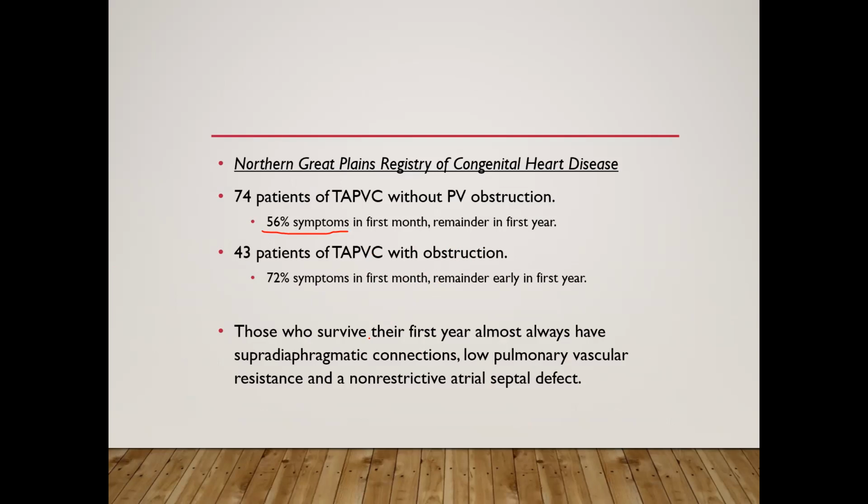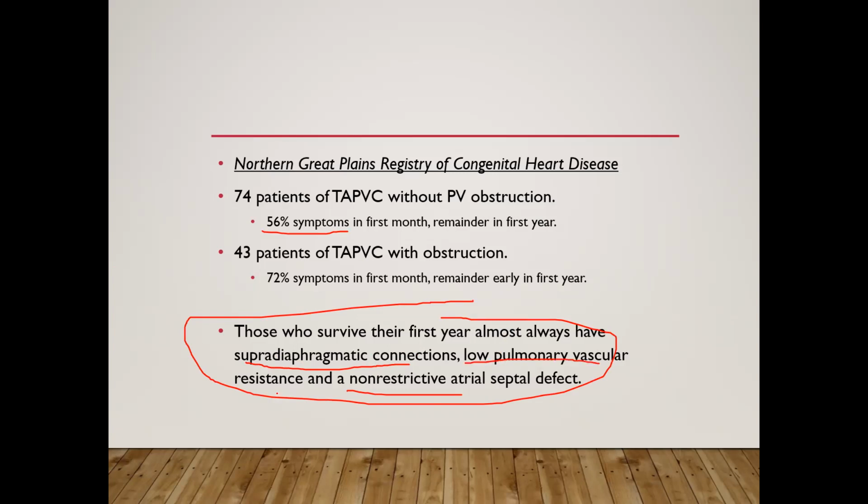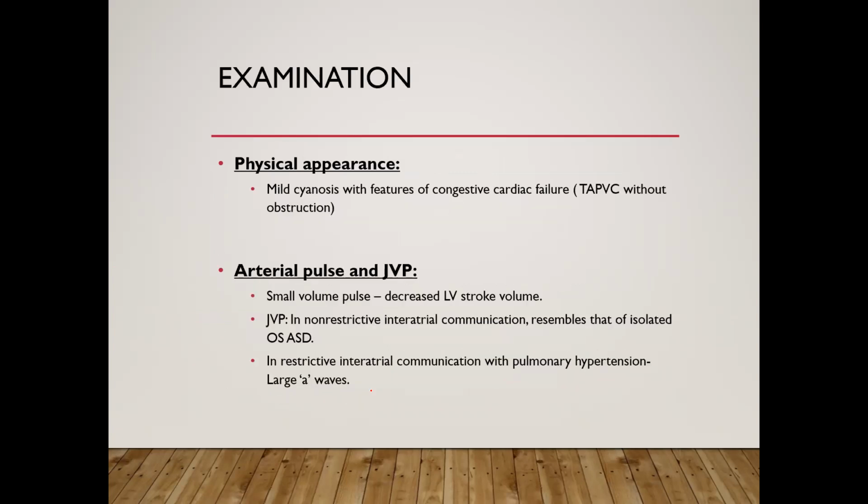Those who survive their first year almost always have supradiaphragmatic connections, low pulmonary vascular resistance and a non-restrictive atrial septal defect. This sentence indicates favorable physiology, that is, having supradiaphragmatic connections, which are normally non-obstructive, and low pulmonary vascular resistance and a non-restrictive ASD, because of adequate mixing and right to left blood flow.